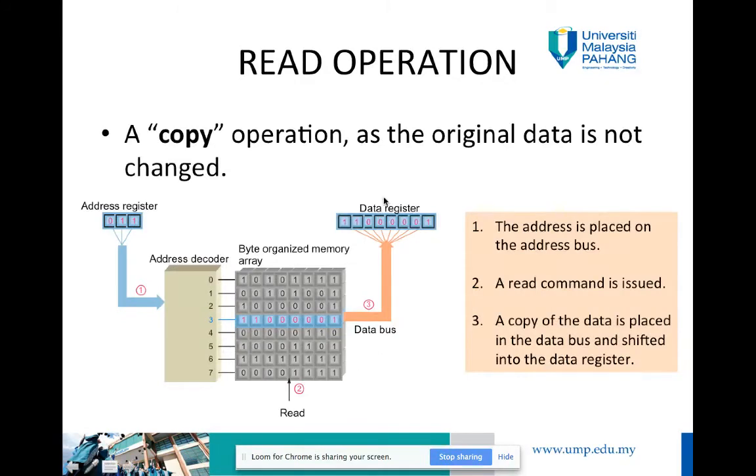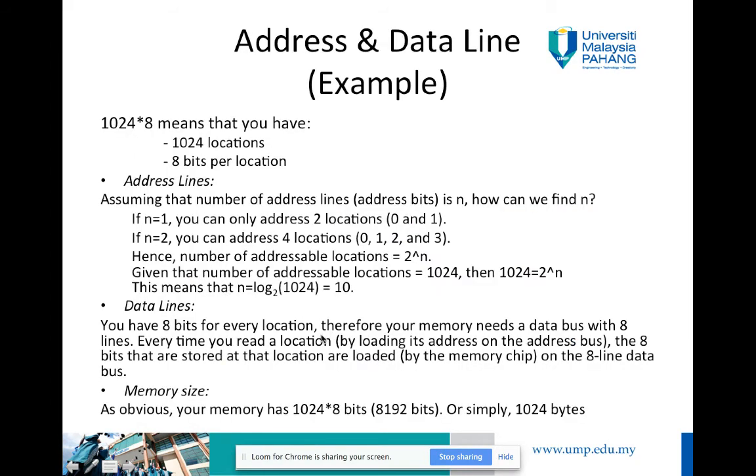So this is the example: 1, 2, 3, 4, 5, 6, 7, 8. This is an example of 8-bit data at the address 000. So you can understand this explanation of data lines.